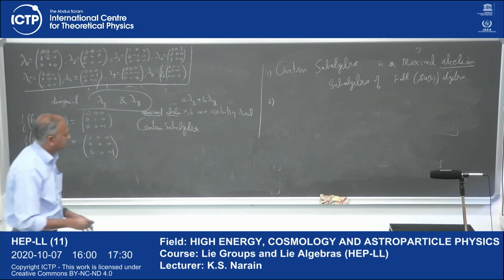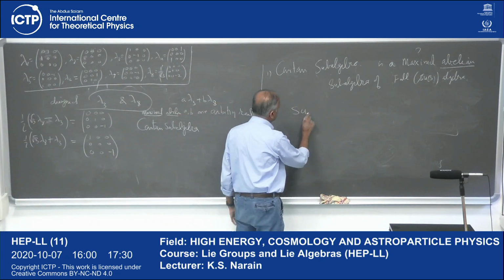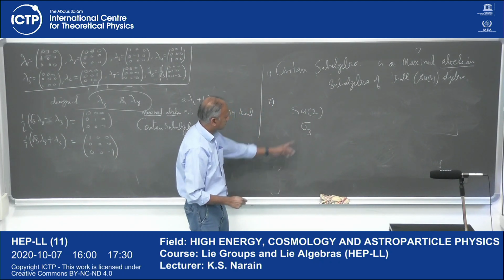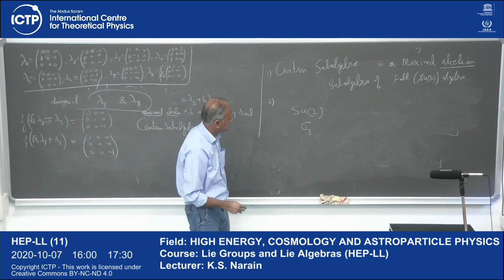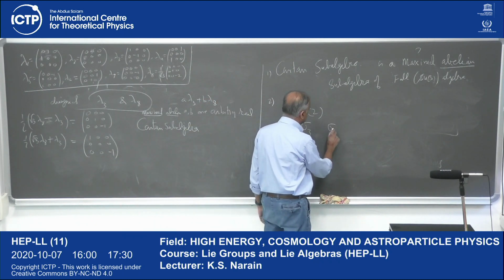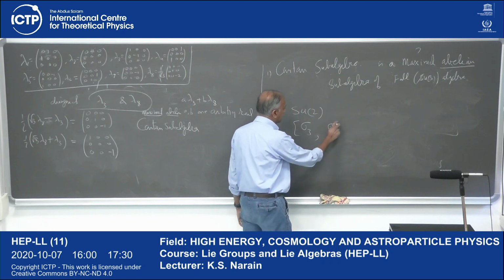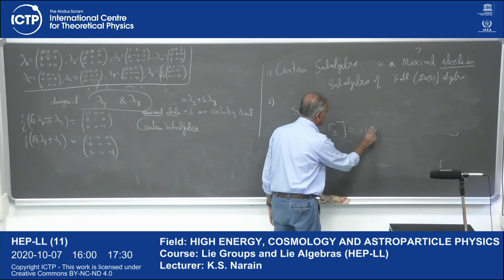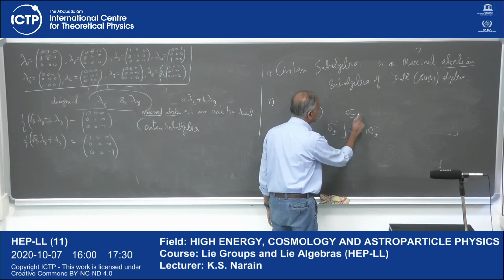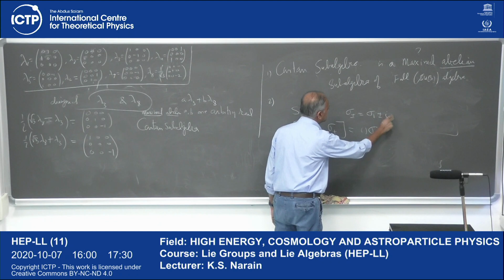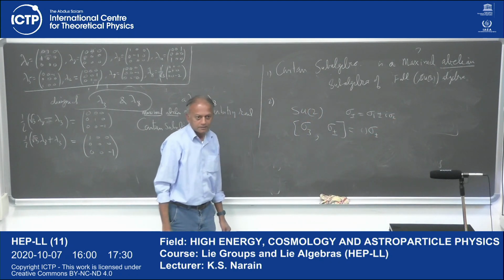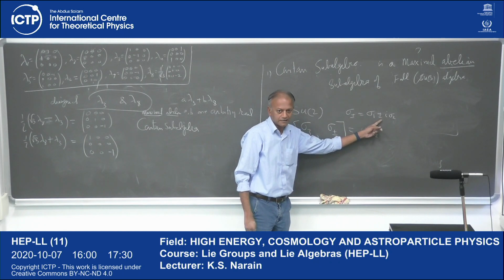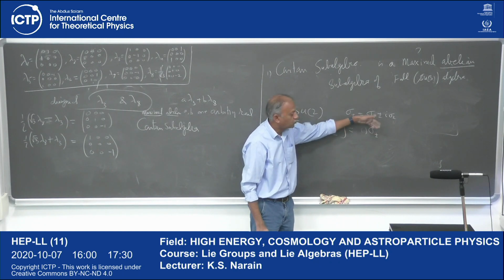I remind you what we did in SU2: we chose sigma 3 to be the Cartan, a one-dimensional Cartan generated by sigma 3. And then we found the eigenvalues, giving some number times sigma plus minus, where sigma plus minus was sigma 1 plus minus i sigma 2. Now you see this is not real, so this is not part of your Lie algebra. So you have to actually complexify it.